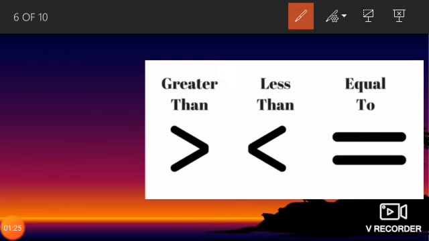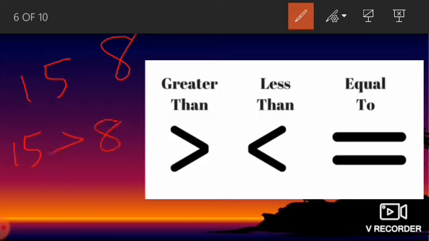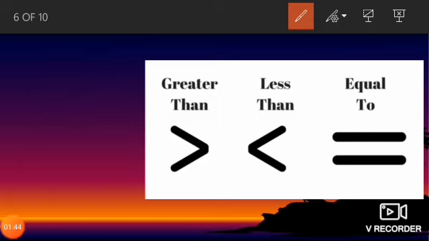Now tell me, in 15 and 8, which one is the biggest number? Yes, obviously the number having more digits is greater. 15 is greater than 8. Now, how will you compare two numbers if they have the same number of digits?